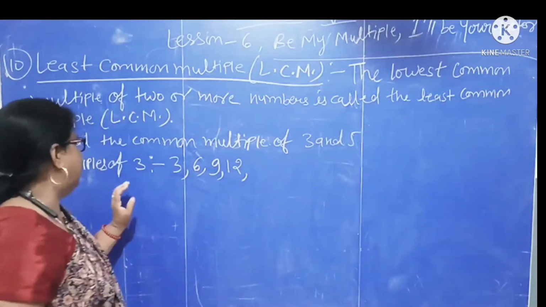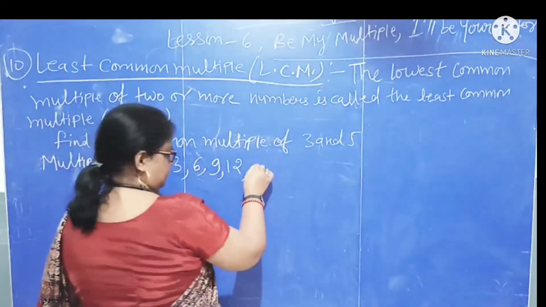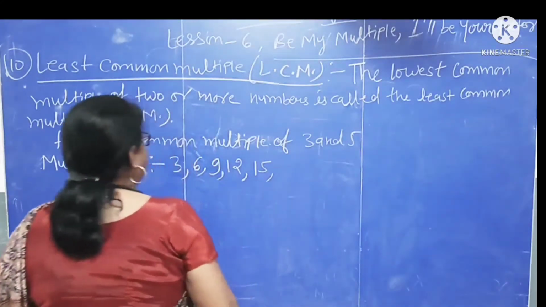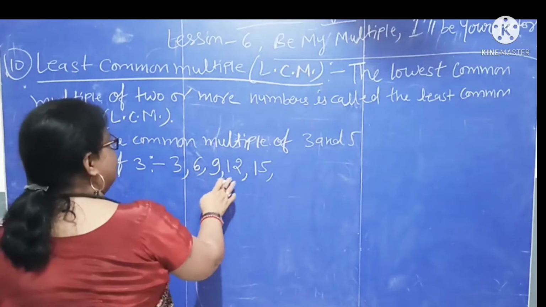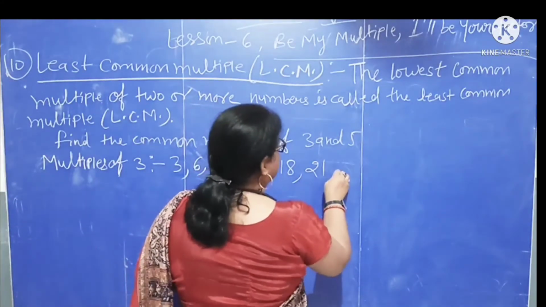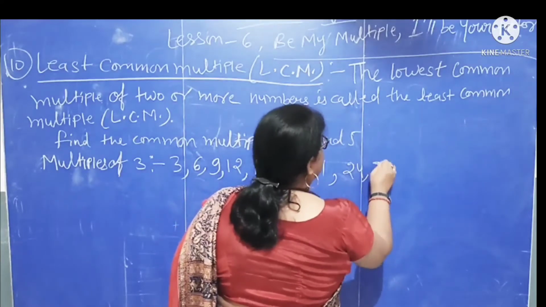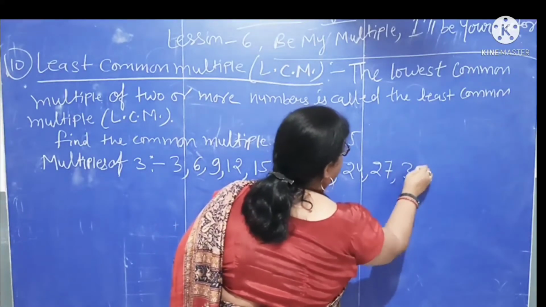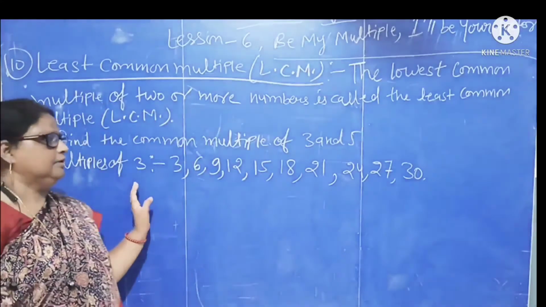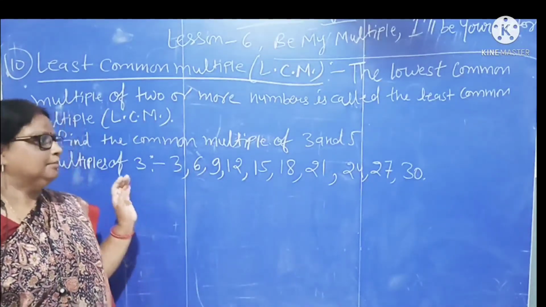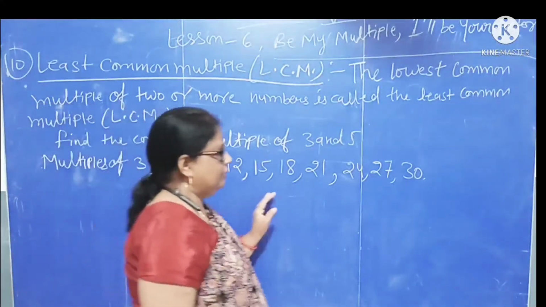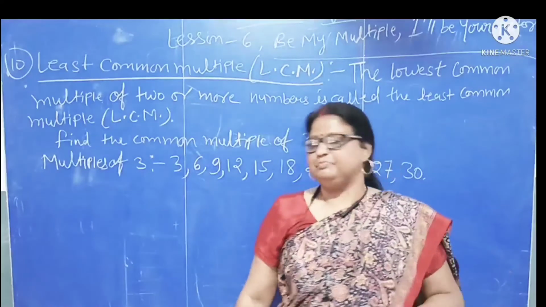When we multiply 3 by 5, we get 15, and so on. 3, 6, 9, 12, 15, 18, 21, 24, 27 and 30. Of course, any number has unlimited multiples. But in this example, we find multiples of 3 up to 10 times.